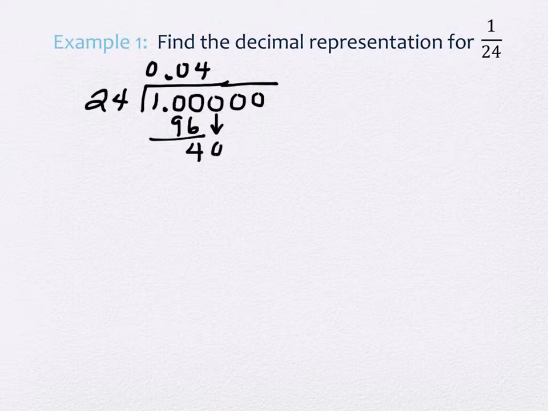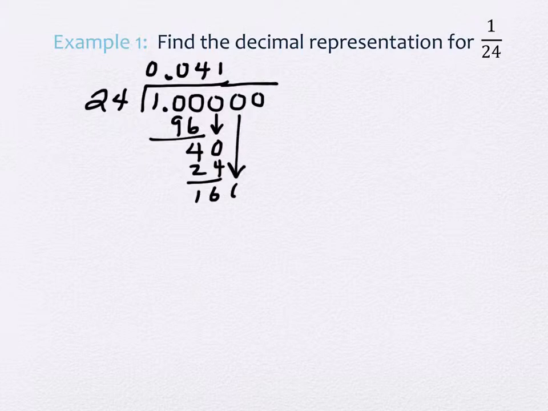And we'll carry our 0 down. So this would be 40. Well, 24 goes into 40 one time. That's 24, giving me a remainder of 16. We'll bring down the next 0, 160. 24 will go into 160 6 times. And 6 times 24 is 144.